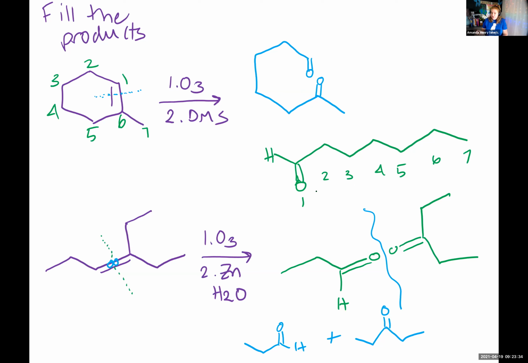I added the hydrogen on there because with aldehydes, we generally show that hydrogen. And then I know that carbon number 6 is going to have a double bond to an oxygen. So the blue structure and the green structure are exactly the same thing. We've just taken that blue structure and kind of unraveled it to show the green structure. I'll even add in the numbers here so you can see where the pieces are coming from. If this was a test question, both of those answers would be correct. It's just kind of two different ways to draw the same thing though.